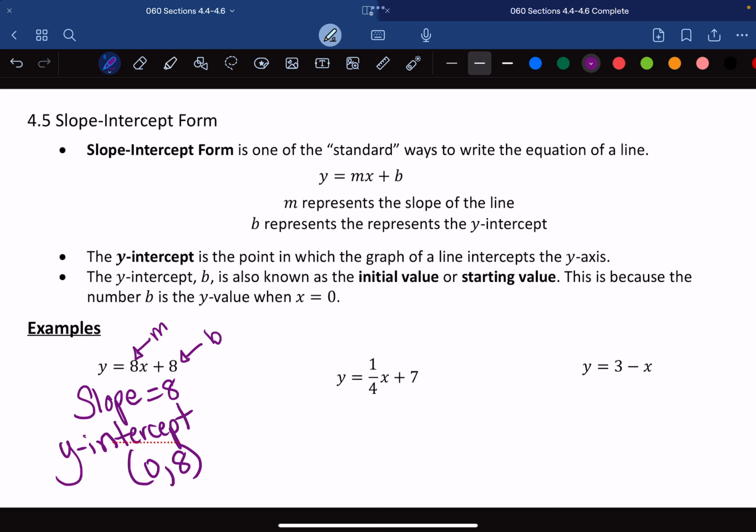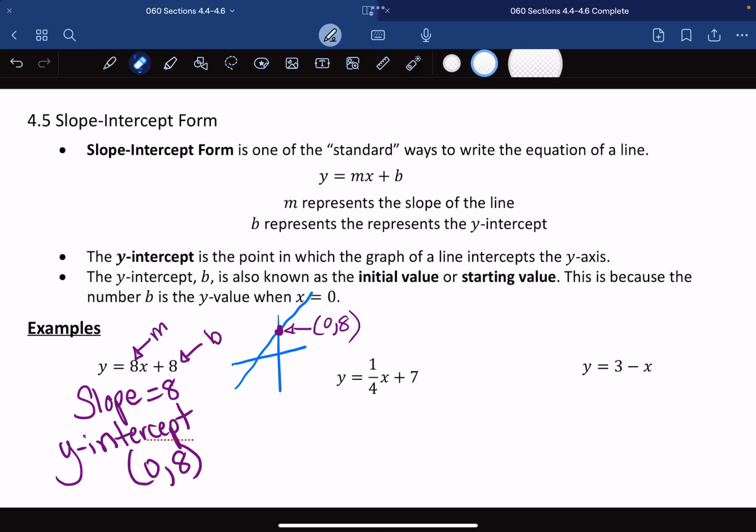Because when I'm looking at a graph of this line, the point at which it's going to intersect the y-axis will be right here at 0, 8. It will intersect the y-axis, which is why the x value is 0, and it'll be here at y equals 8.